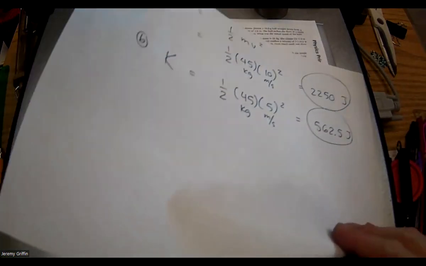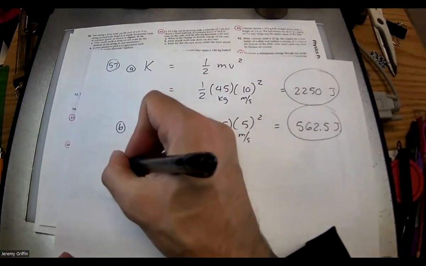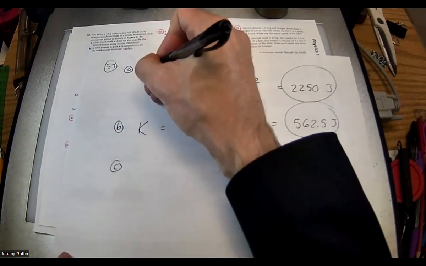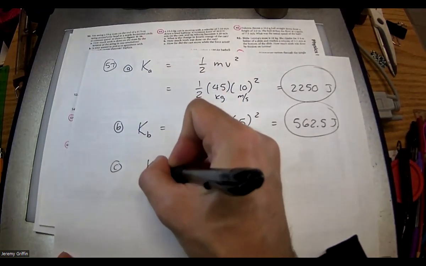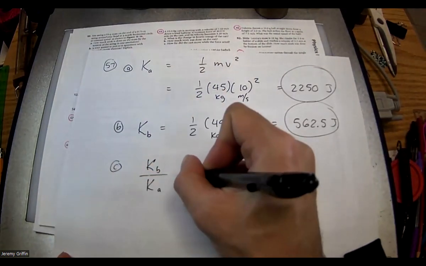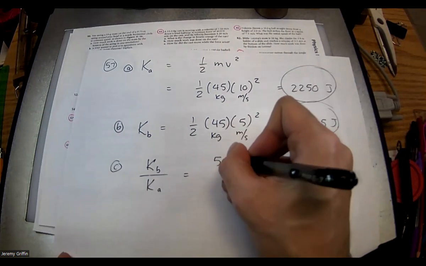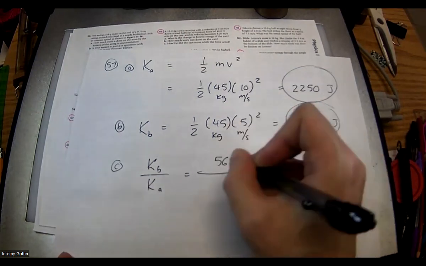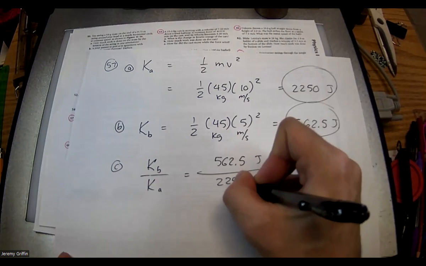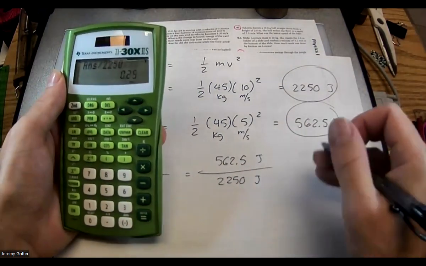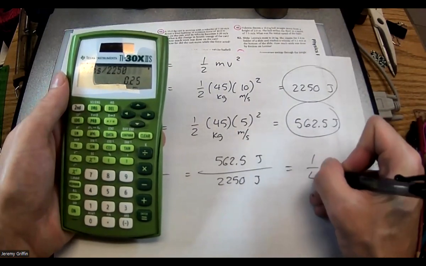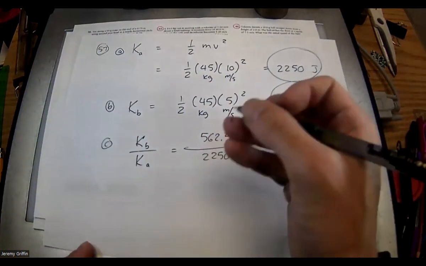Okay, and then question C was, what is the ratio of those two kinetic energies and why? So call them Ka and Kb. Kb compared to Ka, 562.5 joules compared to 2250 joules, is a 1-to-4 ratio.